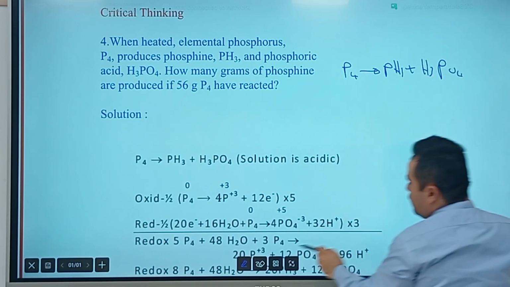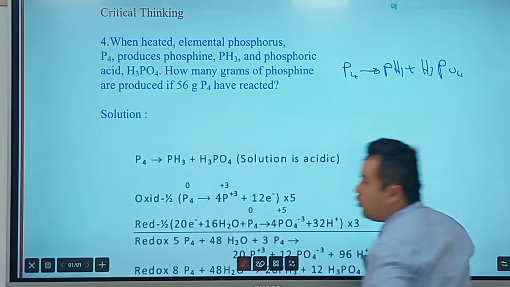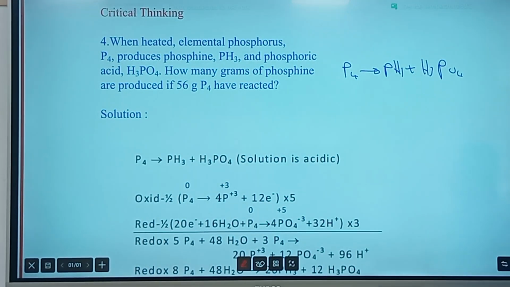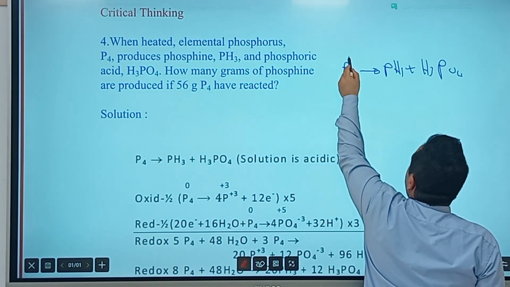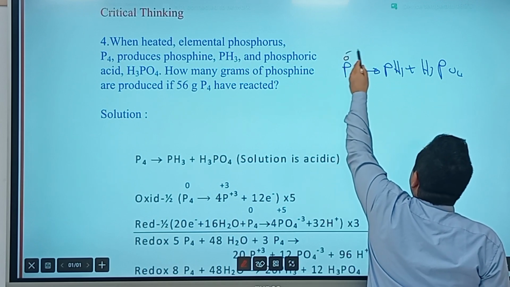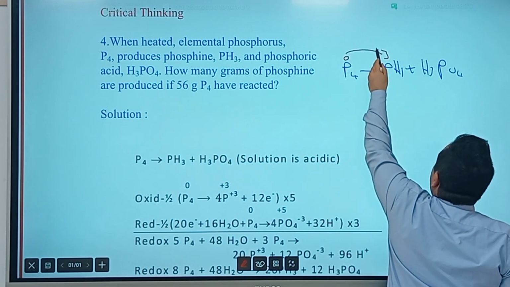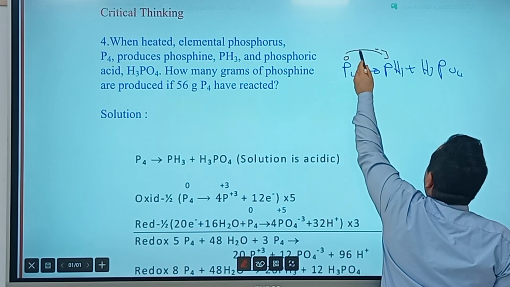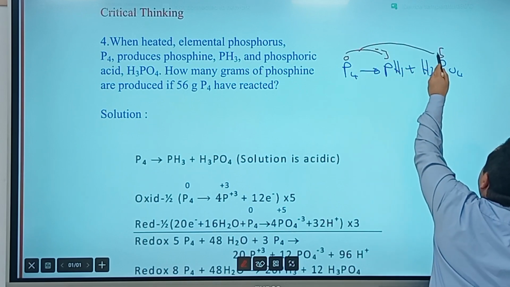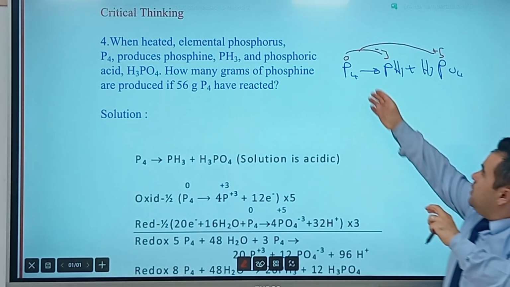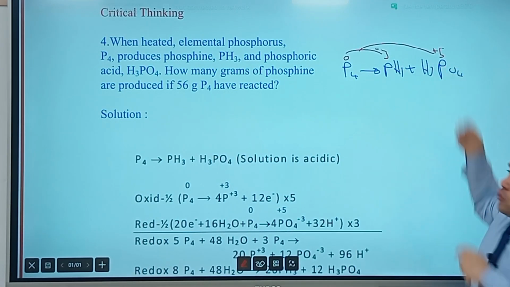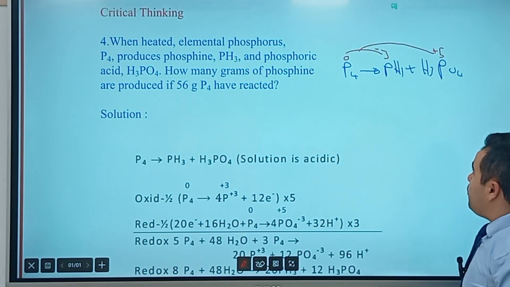This is an example of disproportionation, which we will be talking about in the third section. Disproportionation is when the same atom, phosphorus in this case, is reduced to -3 in this case, and then oxidized to +5 in the phosphoric acid. The same atom at the same time is reduced and oxidized, which we call disproportionation.